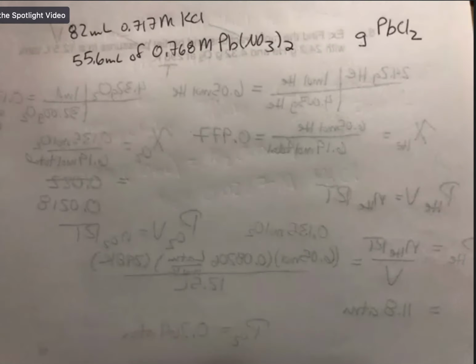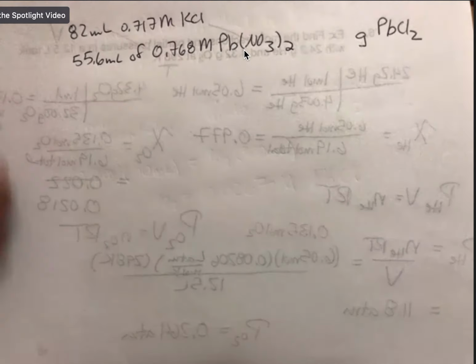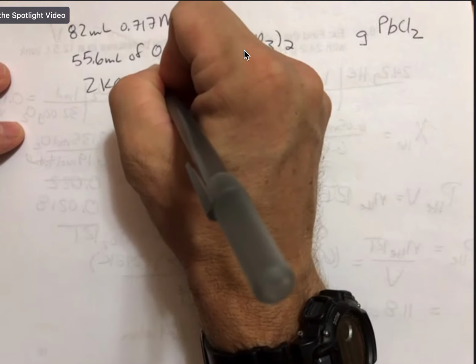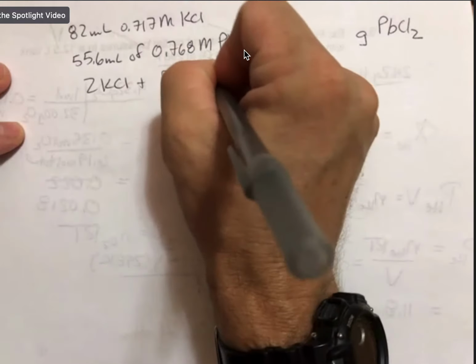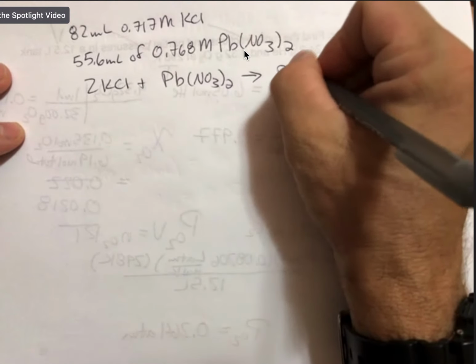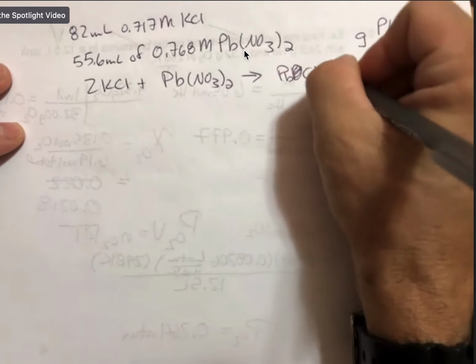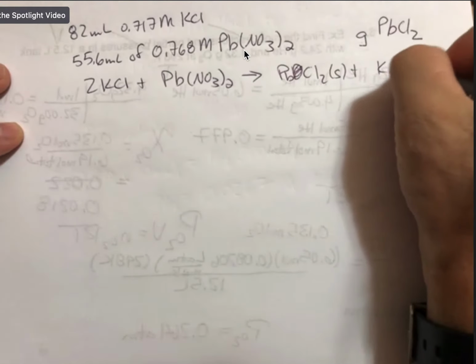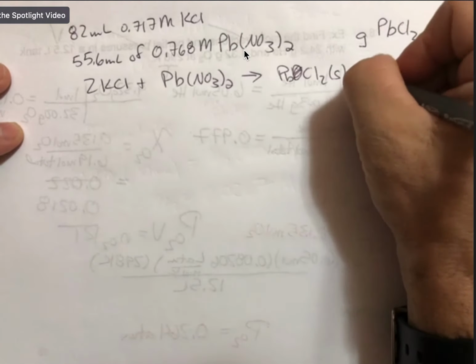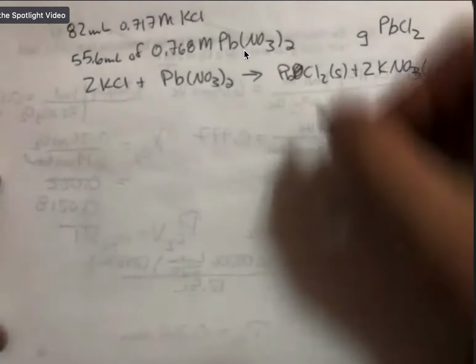So I've got all my notes now, except for my balanced reaction. And I'll write that down real quick too. PbCl2 plus KNO3. And there's a 2 and a 2 there. And that's just a scribble.